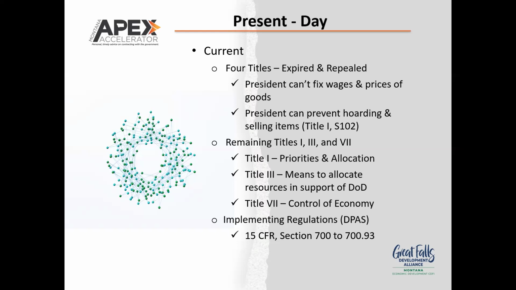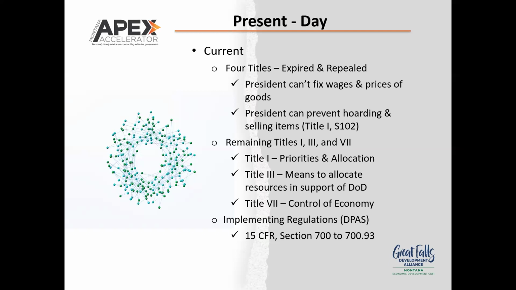The act currently contains 3 major sections. The first, Title I, broadly contains the priorities and allocation authority. The priority authority allows the federal government to ensure the timely availability of critical materials and services produced in the private market in the interest of national defense.